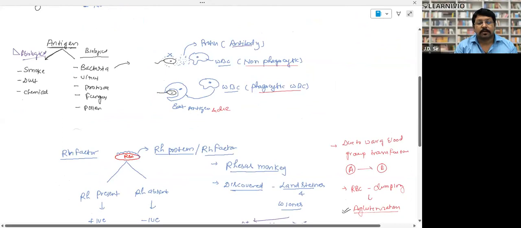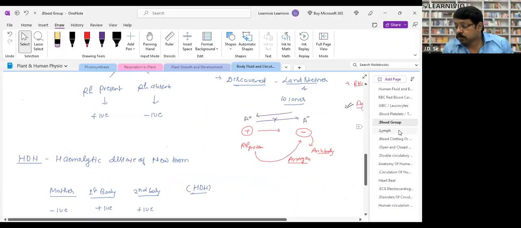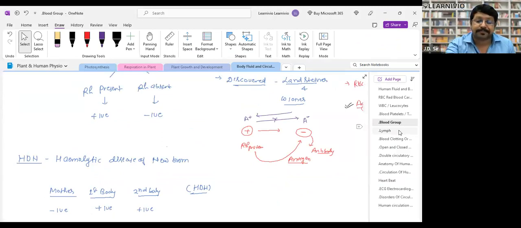So what is left? What is the next one? The next one is that a pure blood group is Rh.